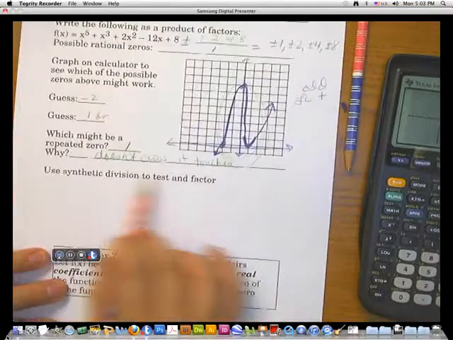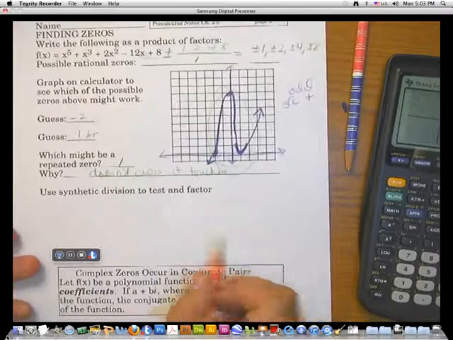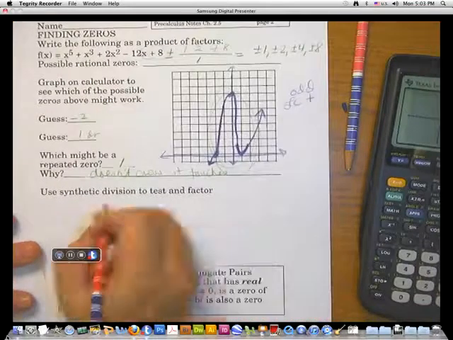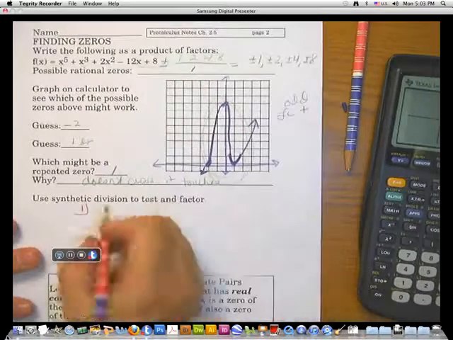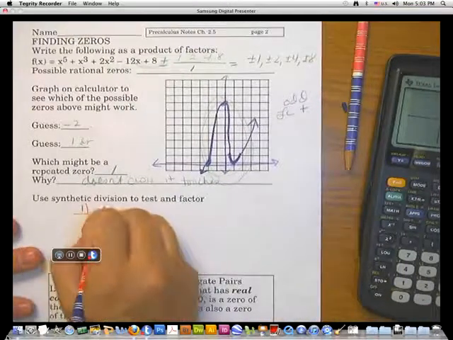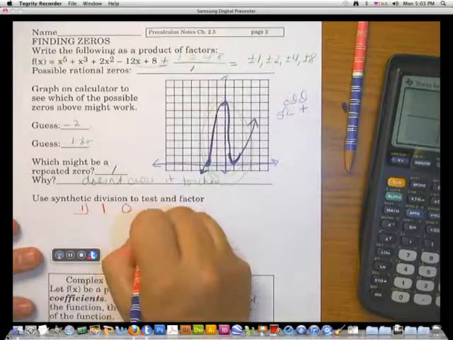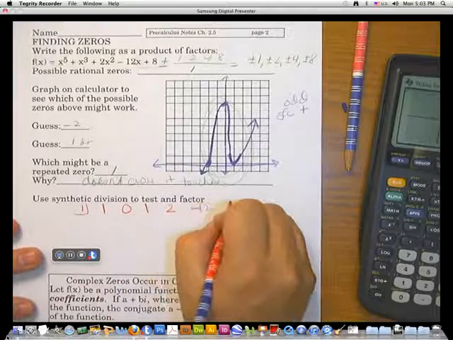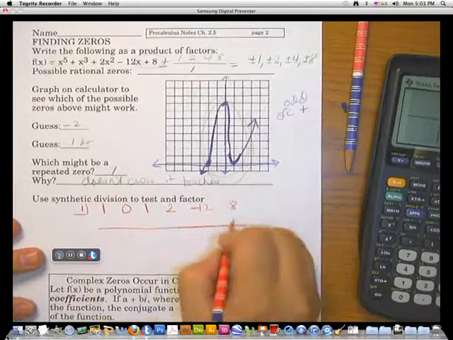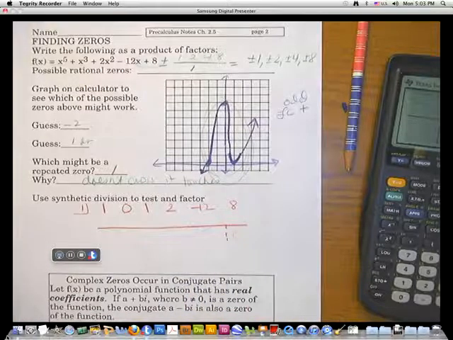Alright, so now we're going to go through our synthetic division, and we're going to prove this stuff. Alright, we believe 1, and I'm using 1 because it's easier to multiply by 1, is a factor. So the coefficients are 1, 0, because there's no fourth power, third power, second power, first power, constant, and the last, hopefully the remainder is going to come out to be a 0.